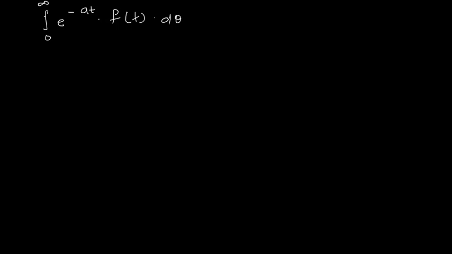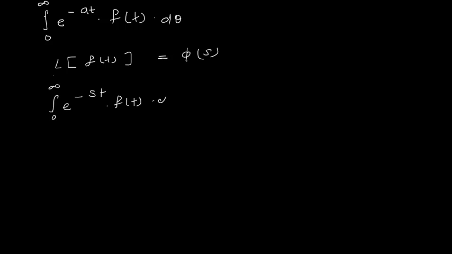First of all, if I ask you what is Laplace of f of t? So you know that by definition, when we take Laplace of f of t, we will get some function of s. Now, by definition, again, this Laplace of f of t is nothing but 0 to infinity e raised to minus st into f of t into dt.